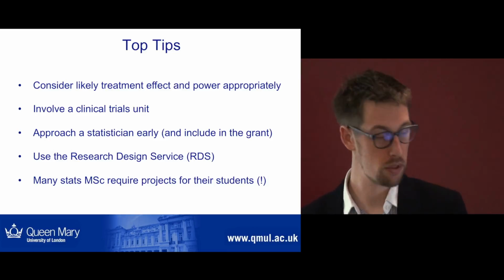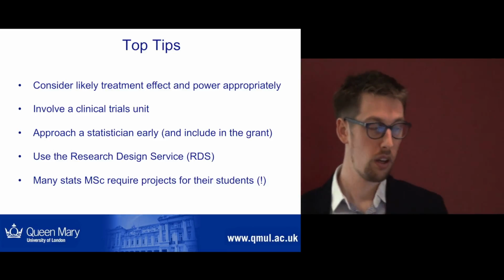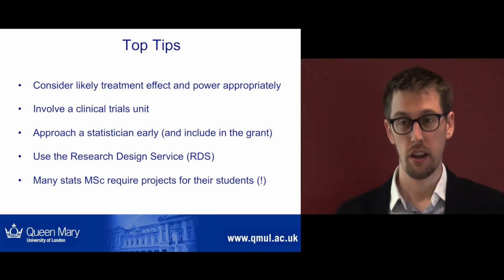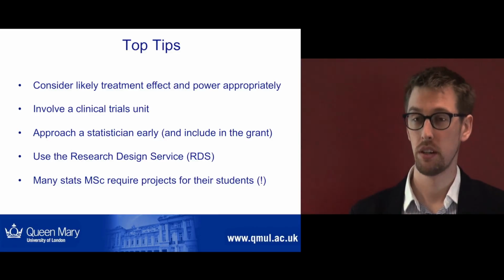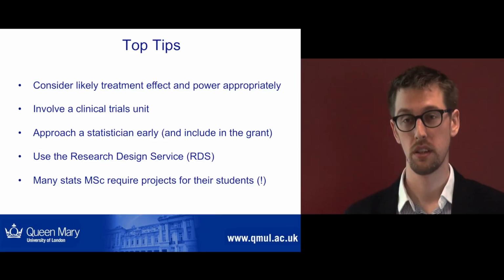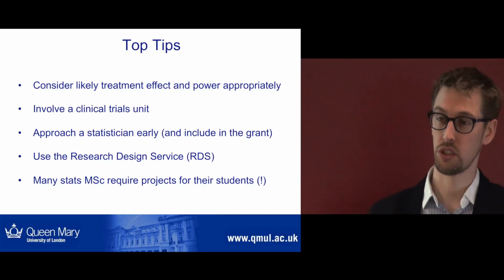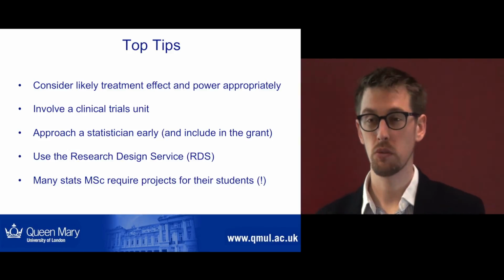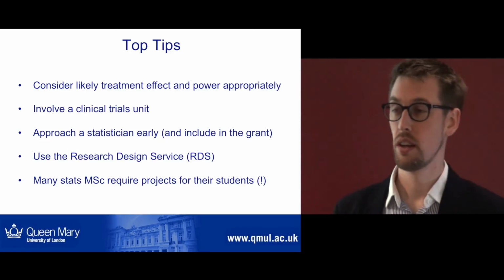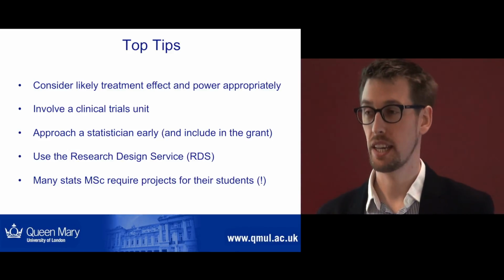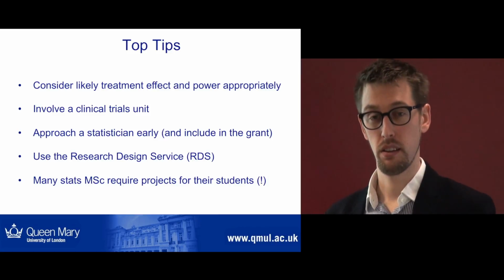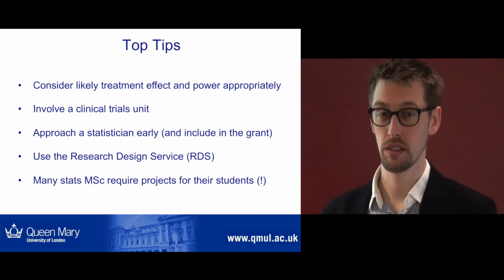So what are my top tips? Think about your intervention, think about your primary outcome, and do your sample size targeted towards that. If you're going to be running a trial, and particularly if you're going to be applying for public money in this country, it's best to involve a clinical trials unit.